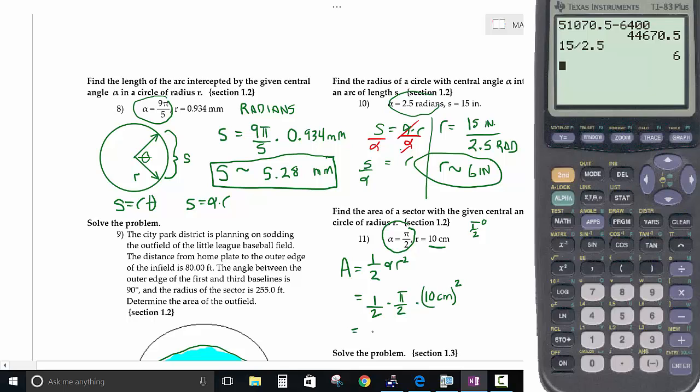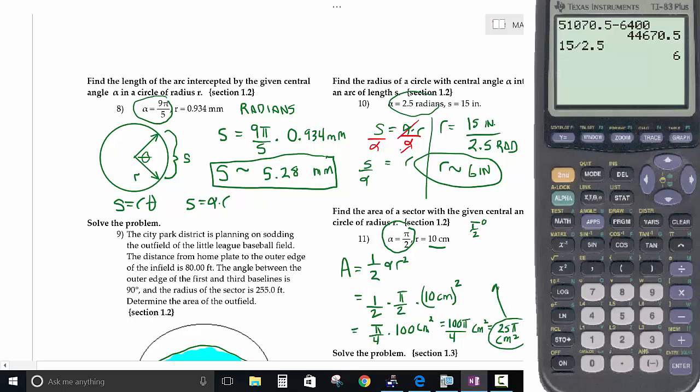All right, I recommend that you just multiply everything out as much as you can before you go to your calculator. So that's pi over 4 when you multiply that out, and then that would be 100 square centimeters. Okay, so that is going to be 100 pi over 4 square centimeters. Well, that's actually going to be 25 pi centimeters squared. Now, that is the precise answer to the problem.